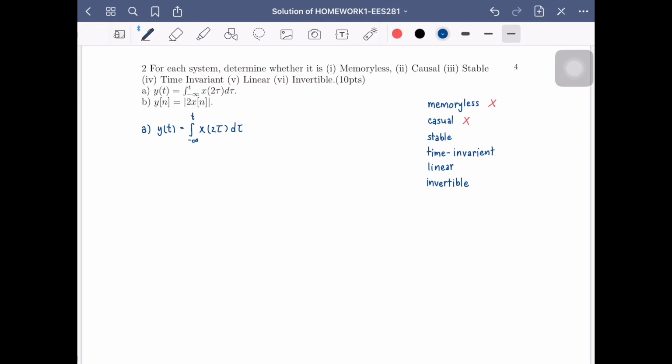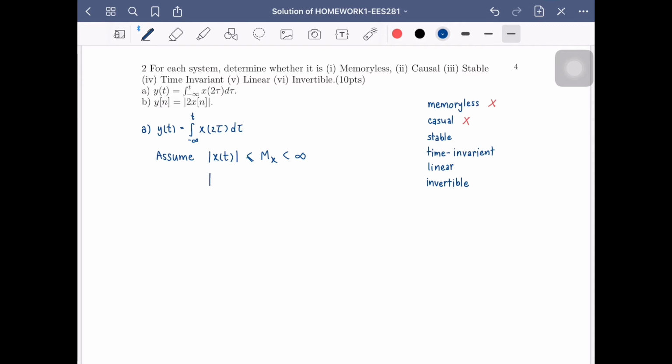The third one, we have to check if it's stable or not. So we have to assume that the absolute value of x(t) is less than or equal to Mx, which is less than infinity, so it can be defined.